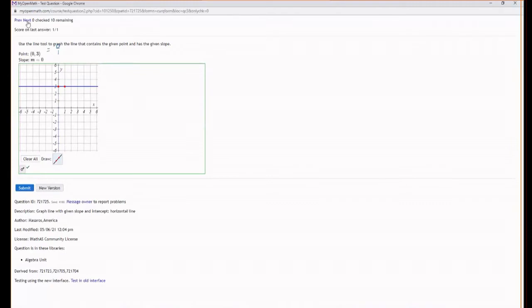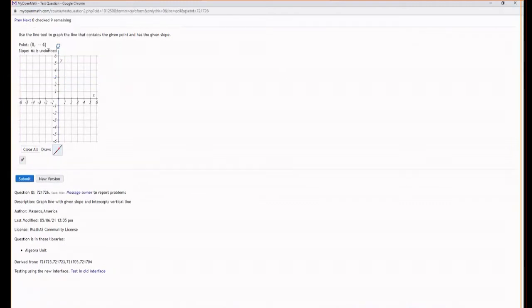Okay. For a slope that's undefined, I can't follow that same rule. I can't move over and up and down. That won't really work. What I need to do is remember a little bit about when we talked about slope. One of the things we could do is remember that a vertical line has a slope that's undefined. Or another way to think about it is the slope would be undefined if I can't move over, right?